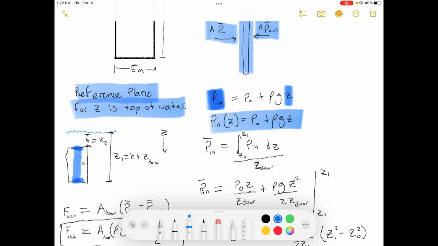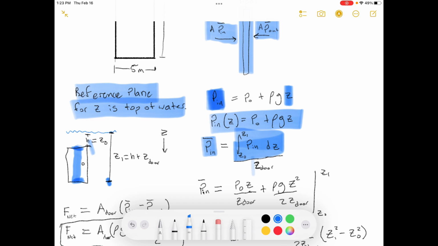Well, what is the average pressure? If we sum all the pressure over the full length of the door, from z0, which is at the top of the door, to z1, which is the bottom of the door, then we'll have the total pressure along the z-axis.